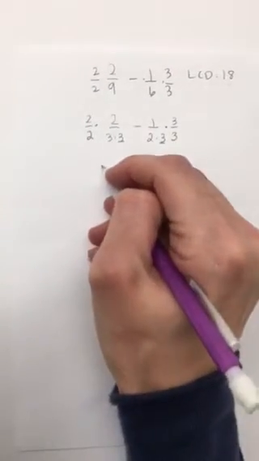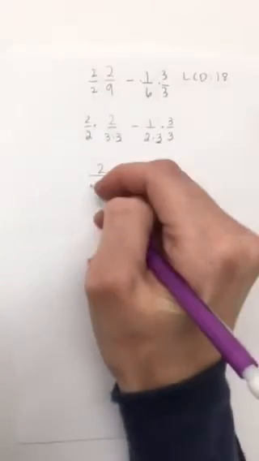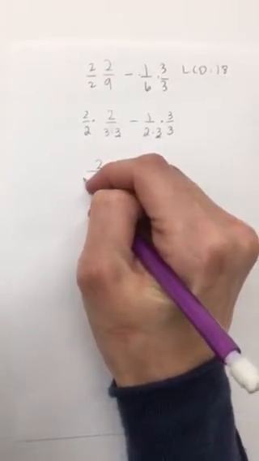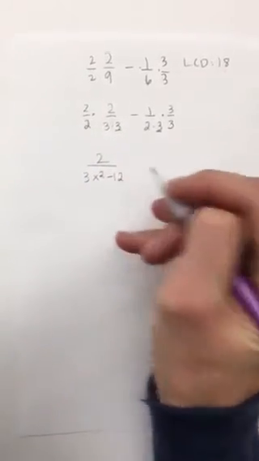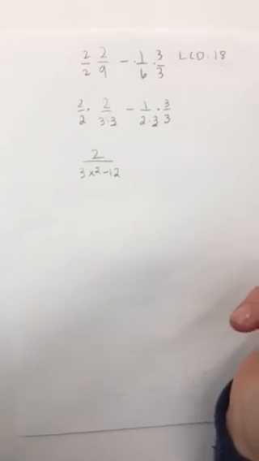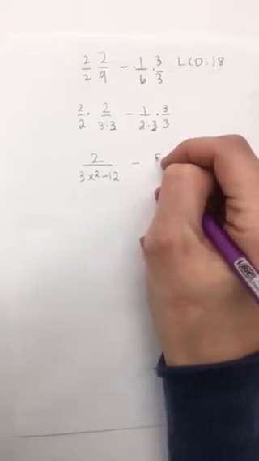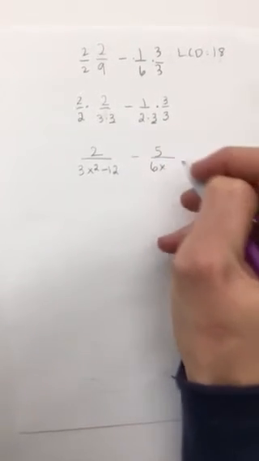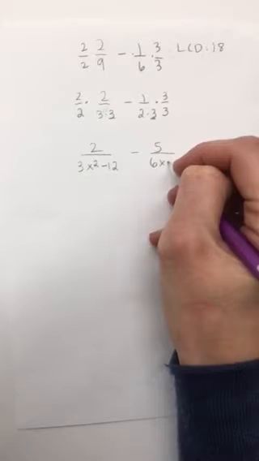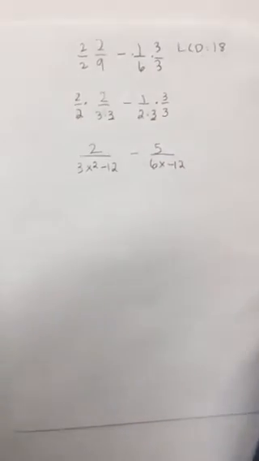How about, let's do this example. 2 over 3x squared minus 12. And how about minus 5 over 6x, let's do minus 12.